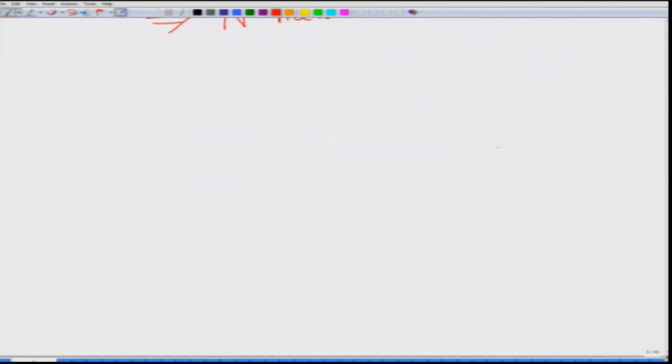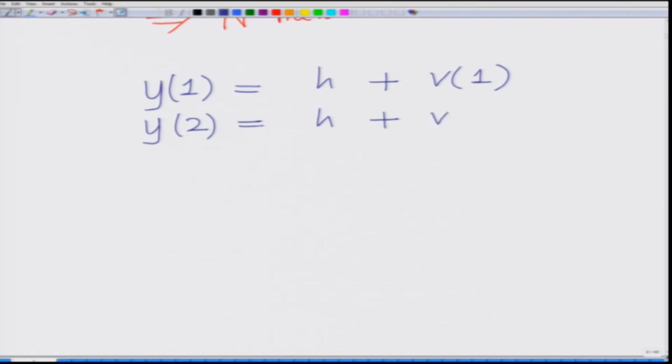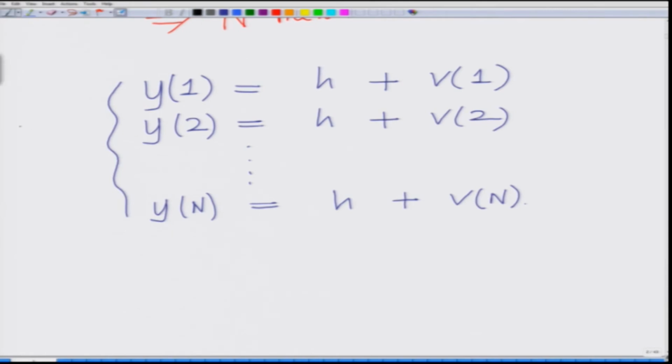The N measurements can be denoted as y1 equals h plus v1, y2 equals h plus v2, and so on, yN equals h plus vN. Okay. So, these are your N measurements.